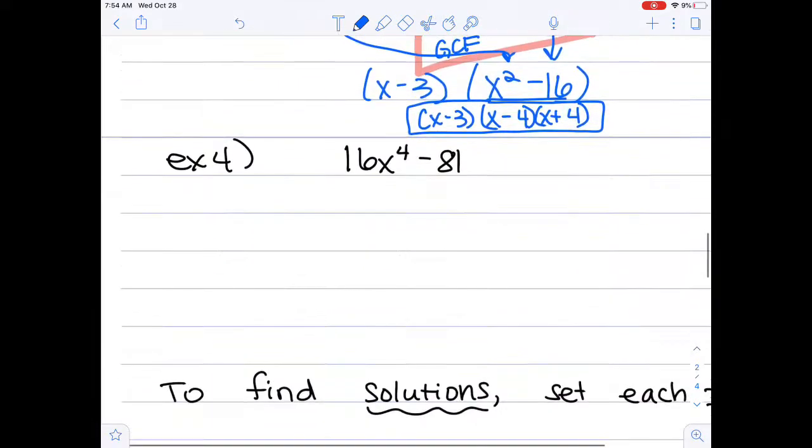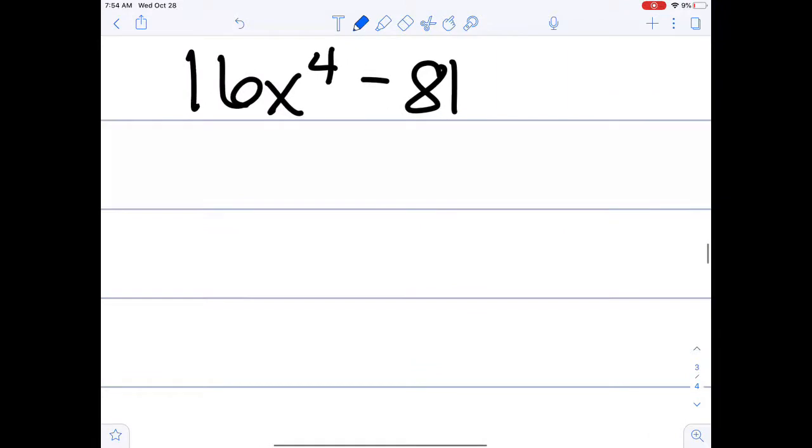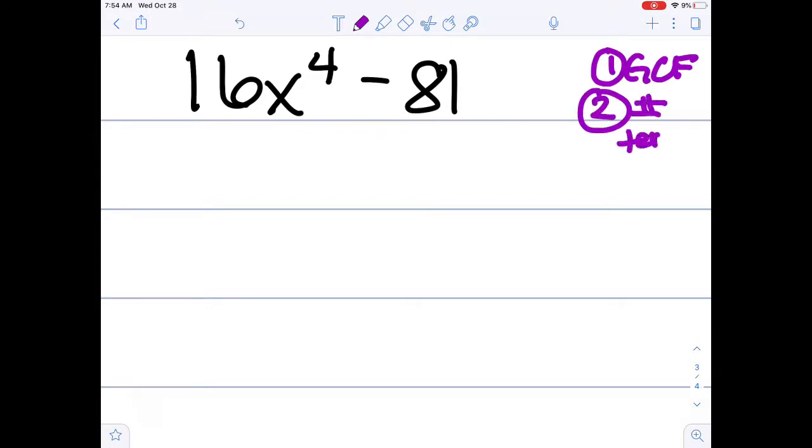All right, next example. Now, okay, this one's tough. There's only 2 terms, but none of them are a squared or a cube, right? Or is it? So let's just look at this. Number 1, we always look for a GCF. There isn't one in this case. 16 and 81 don't have anything in common. For the number of terms, there are 2 terms here.